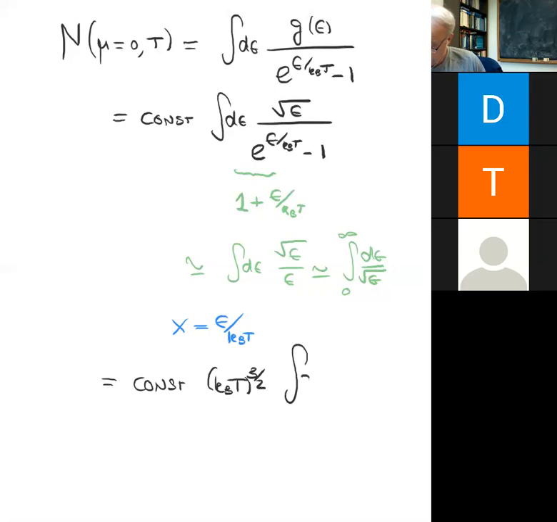Then the integral is an integral dx root x over e to the x minus 1, which goes from 0 to infinity.